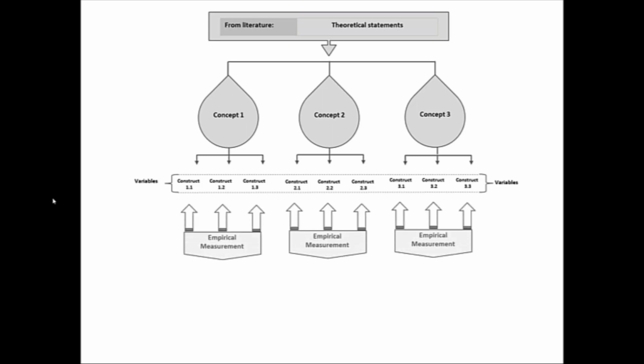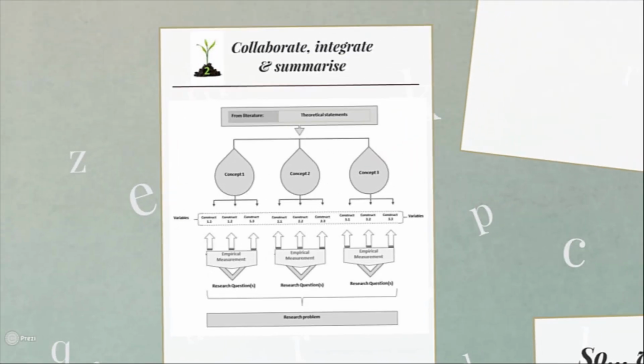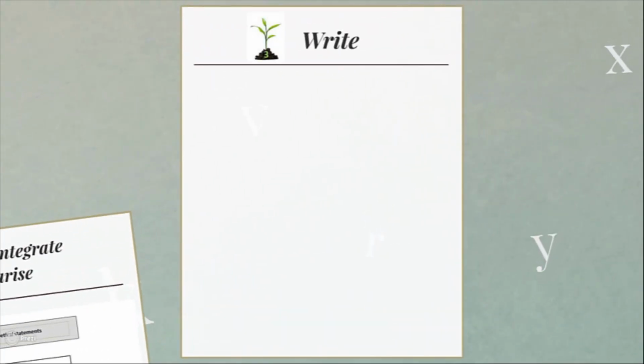Of course, these constructs have to be measured with empirical measuring instruments, and these measurements give way to answering the research questions or sub-problems that you formulated, and all of these together, of course, answer your main research problem.